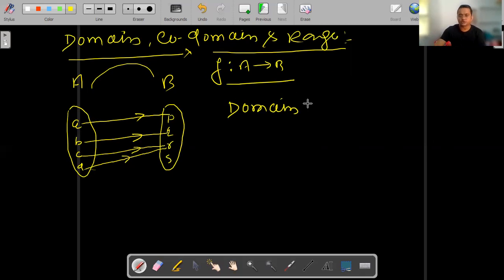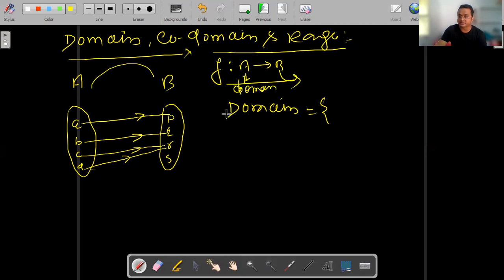Okay. So you tell me, what is the domain? Function is defined from where to where? Function is defined from A to B, right? So the first set, the elements of set A, is the domain.